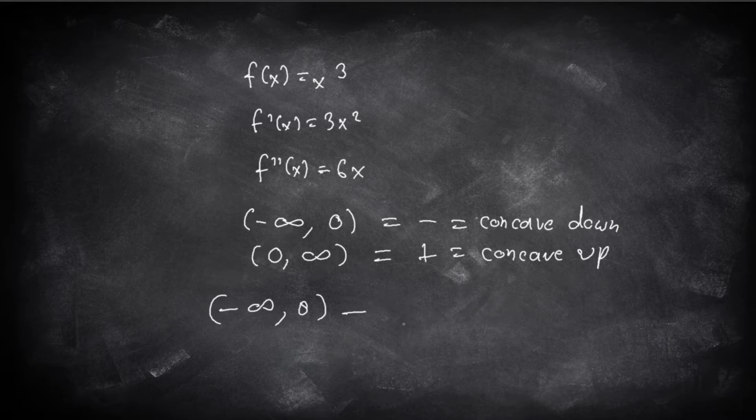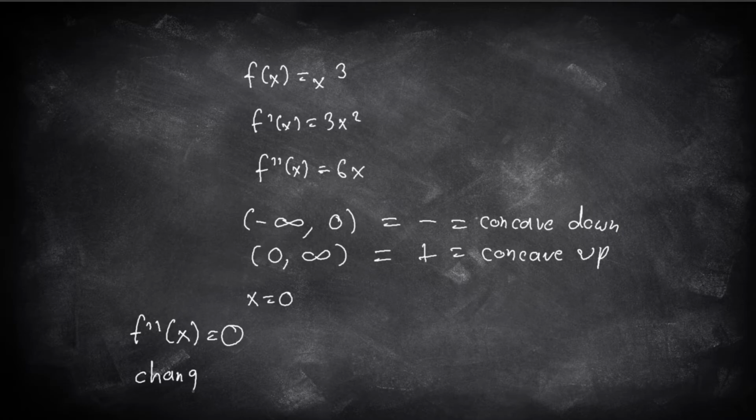So we need to check if x equals 0 is an inflection point. Our two requirements are that the second derivative has to equal 0 when we plug in x equals 0, and that it changes concavity, which we already confirmed because it changed from concave down to concave up.